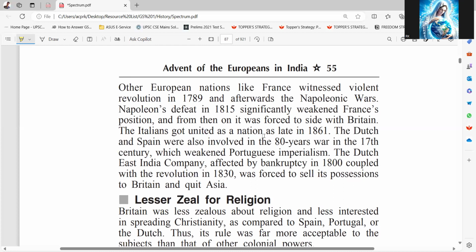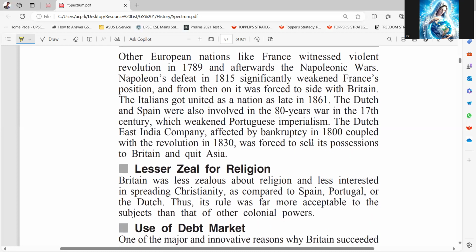The Italians got united as a nation as late as 1861. The Dutch and Spain were also involved in the 80 Years' War in the 17th century, which weakened Portuguese imperialism. The Dutch East India Company, affected by bankruptcy in 1800, coupled with the revolution in 1830, was forced to sell its possessions to Britain and quit Asia.